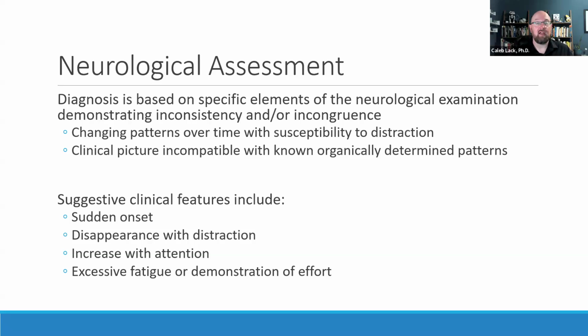And the opposite, if you have people increase their attention on these functional symptoms, they tend to actually go back up. And then one of the other major clinical features of functional neurological disorders is high levels of excessive fatigue, so above and beyond what you would expect, generally speaking, or excessive demonstration of effort. So it seems like this is taking a lot out of you to be able to do these things.